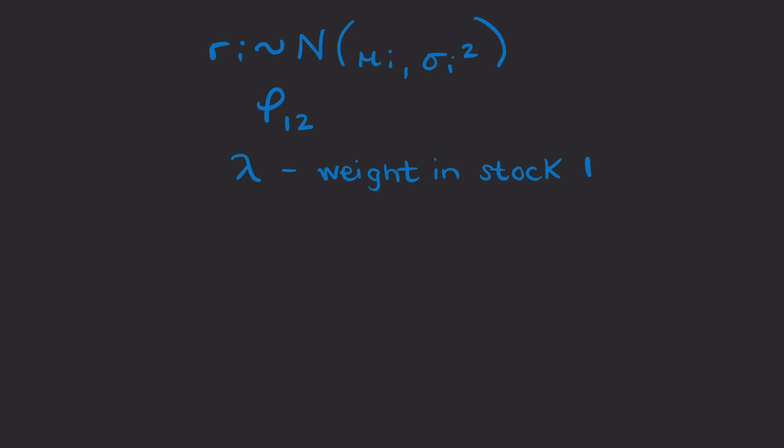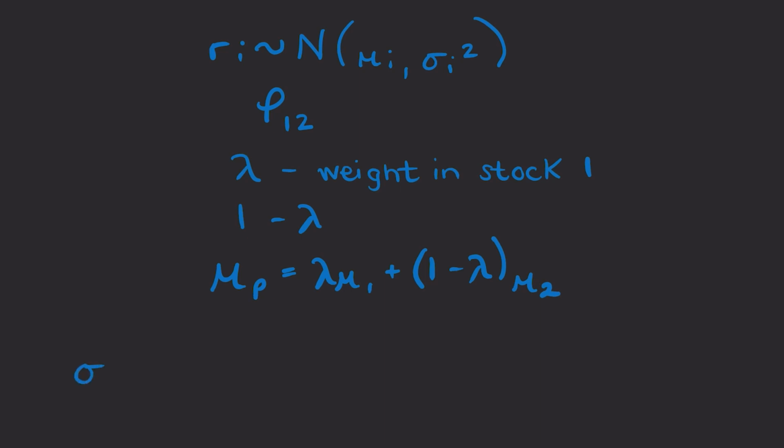So the weight on stock 2 is just going to be 1 minus lambda. We know that the mean, the expected return, is going to be a linear operator. So the mean portfolio return is going to be lambda times the mean return to stock 1 plus 1 minus lambda times the return to stock 2.